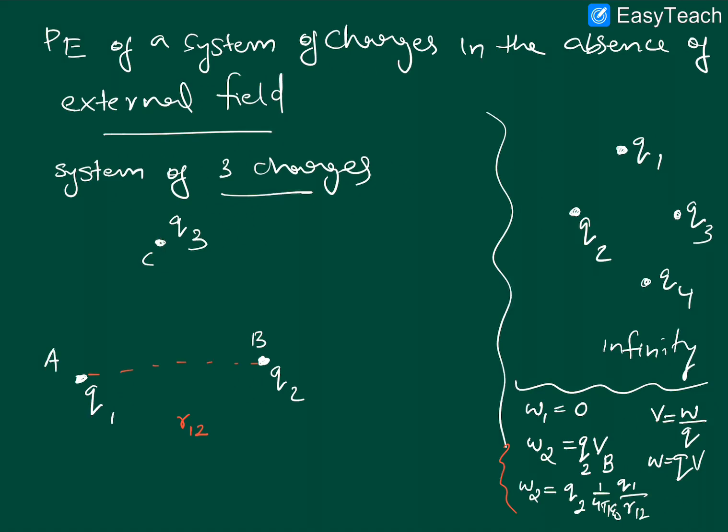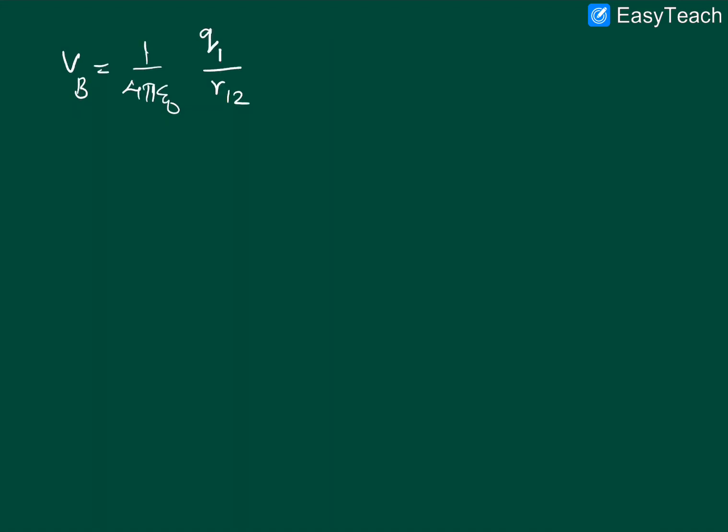So your charge Q3, if you are moving from infinity to that point C, you need to do some work. What is the amount of work done? It is W3. W3 means it is again W is equal to QV. So you are moving Q. Which charge you are moving? Q3.